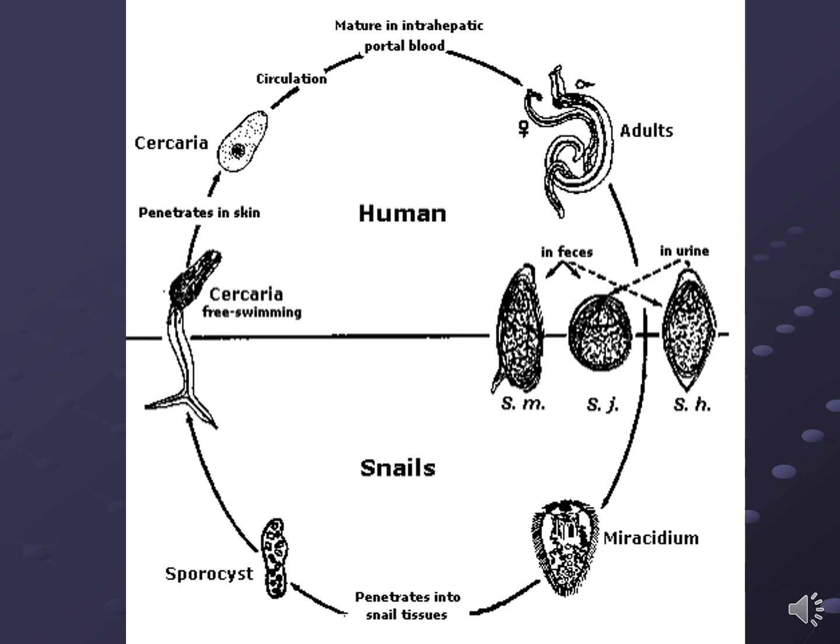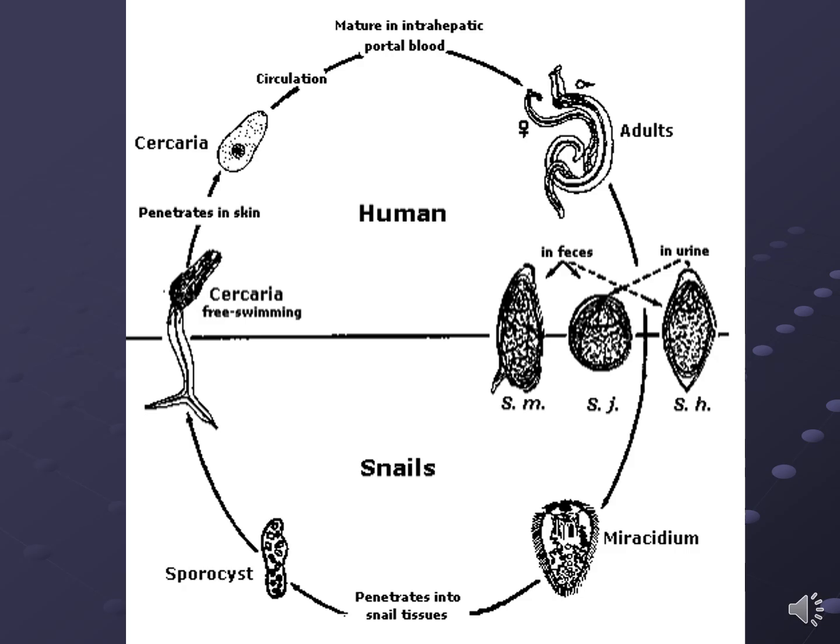So it develops further by polyembryony in the snail, and then the cercaria will leave the snail. The cercaria, like you see here, are like tadpoles, very juvenile frogs. It carries a head and a tail.